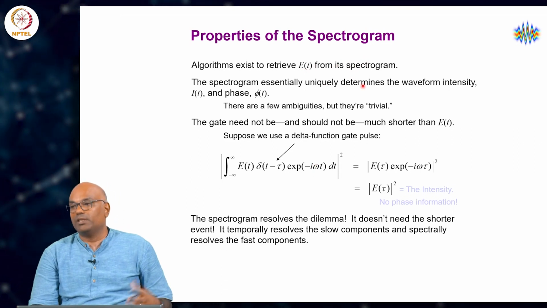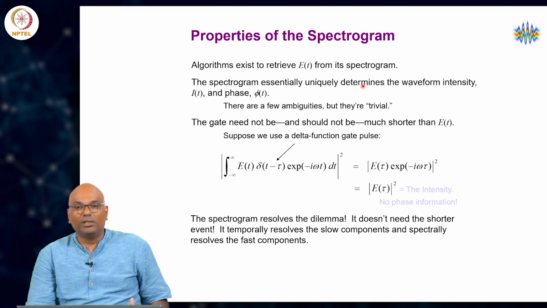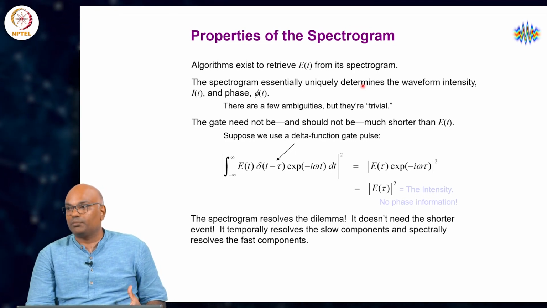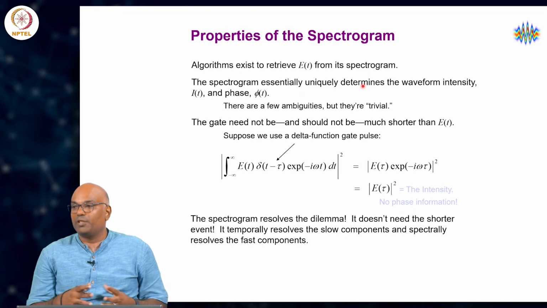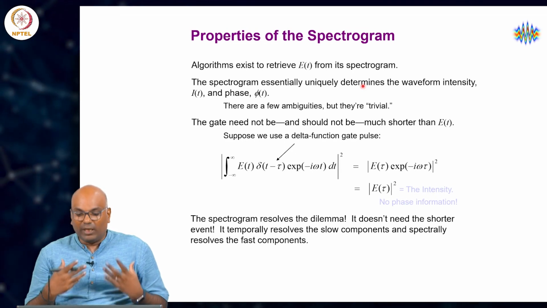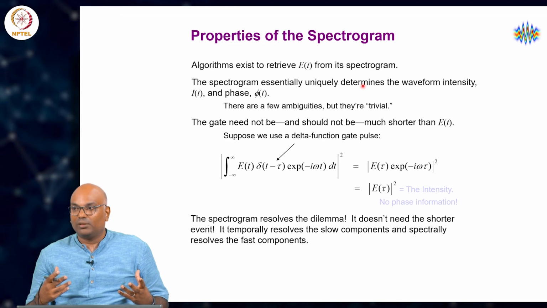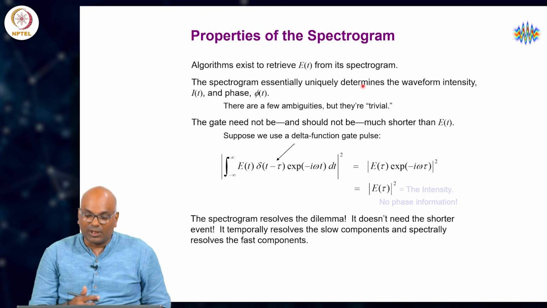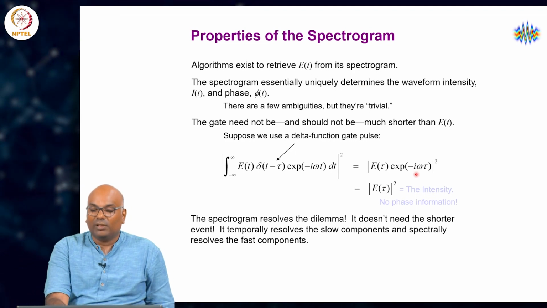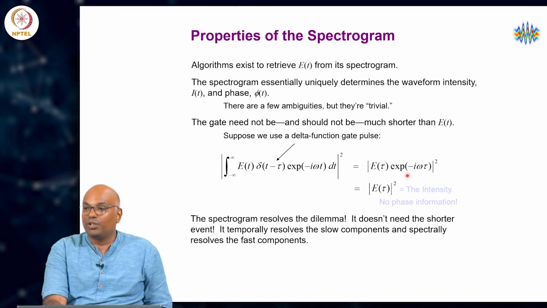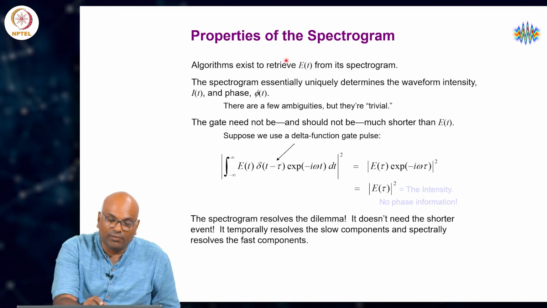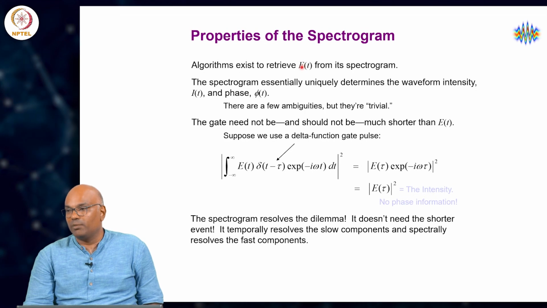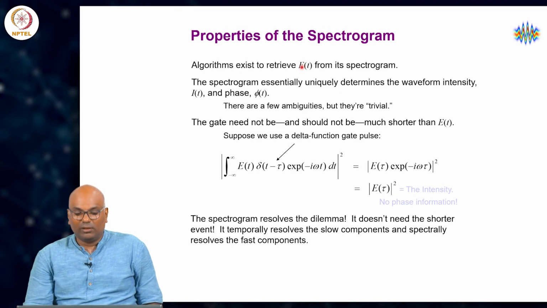Now, I was just telling you that in the 1D world, this retrieval problem does not work, this phase space is too limited. But in the 2D world, you are going from a flat line to 3D in some sense. In the 2D world, it is rich enough that we can invert the spectrogram to retrieve E of t uniquely. This is a statement of mathematical nature.